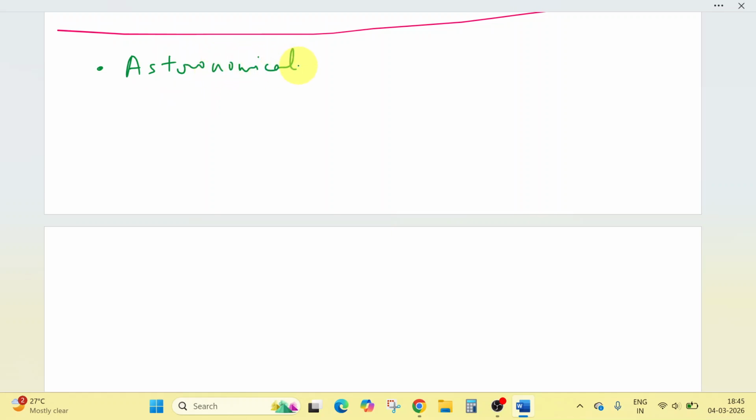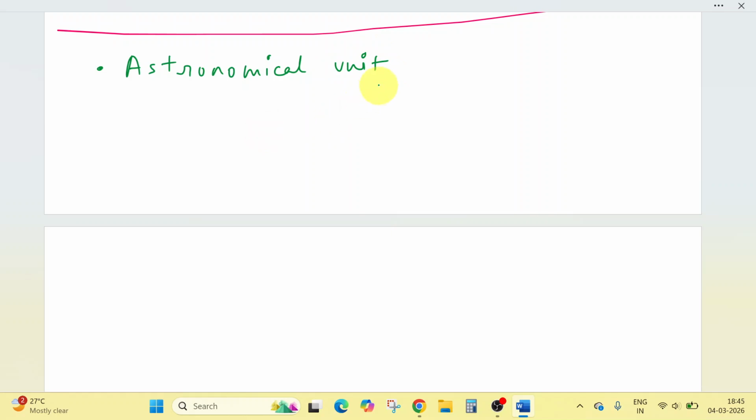It's difficult to write with the digital pen. So I'm eagerly waiting for the pen tab. Sorry, smartboard. Astronomical unit. So astronomical unit means what?